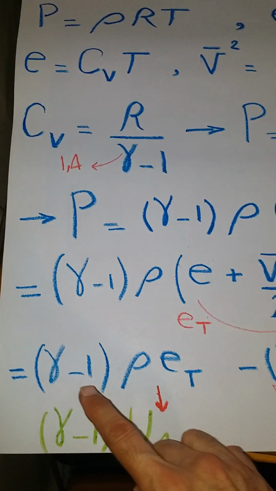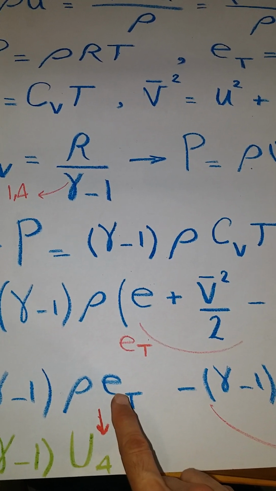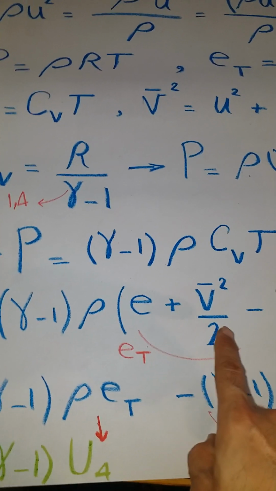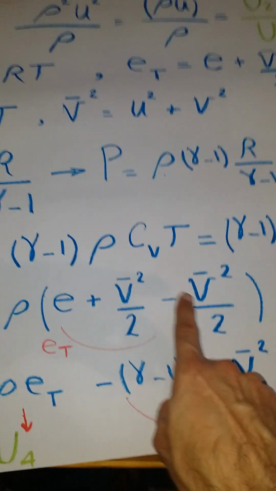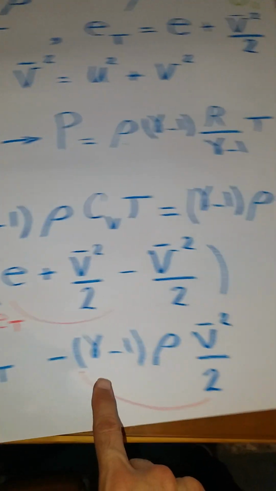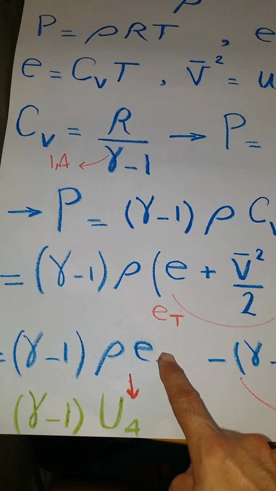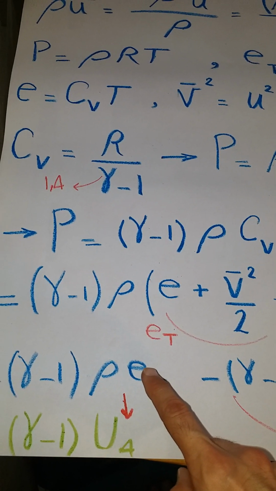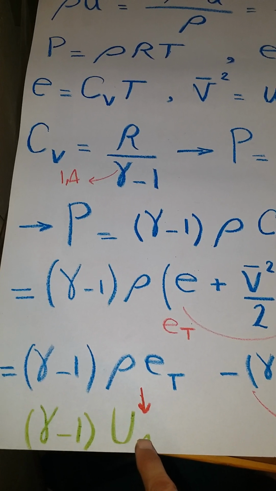So we can write (gamma minus 1) rho times total energy, and multiply again this to this term, write it here. This one, rho e_t, as you can see in before pages, is equal to U4.